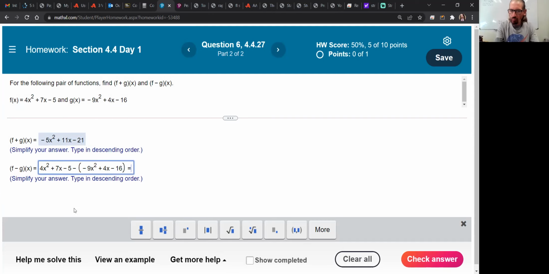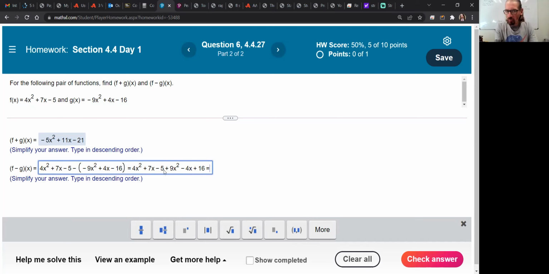So you have to remember to distribute that. And that means that we're going to have plus 9x squared minus 4x and plus 16. I'm changing all three signs there to turn the subtraction question into an addition question.